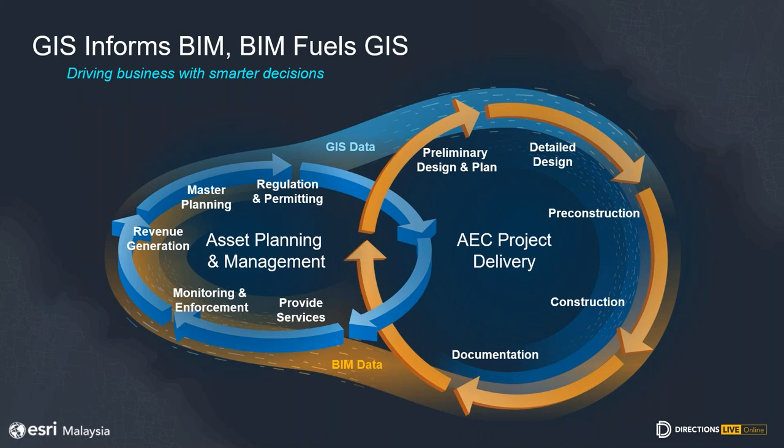This seamless integration ensures that crucial information flows between systems that may be fundamentally different, but can communicate together, and we can share data effectively. This synergy creates a digital twin of the built environment, which all project personnel can use with confidence. It can help us drive smarter decisions across every stage of the project.